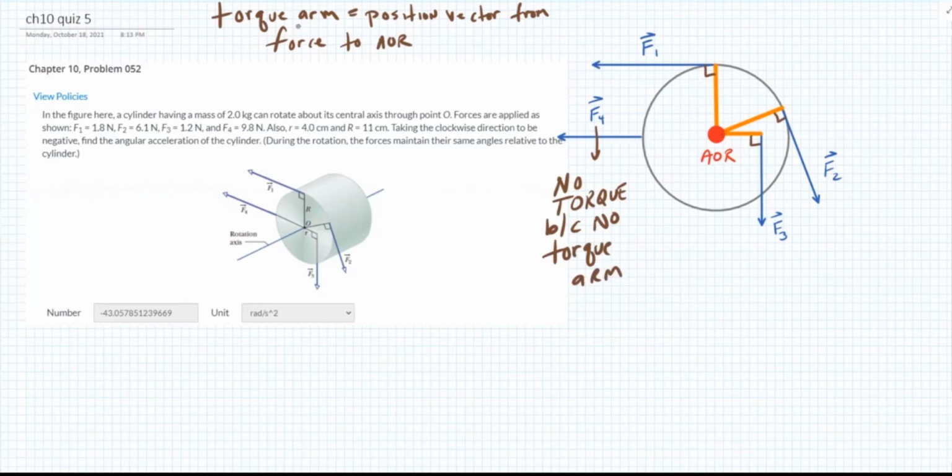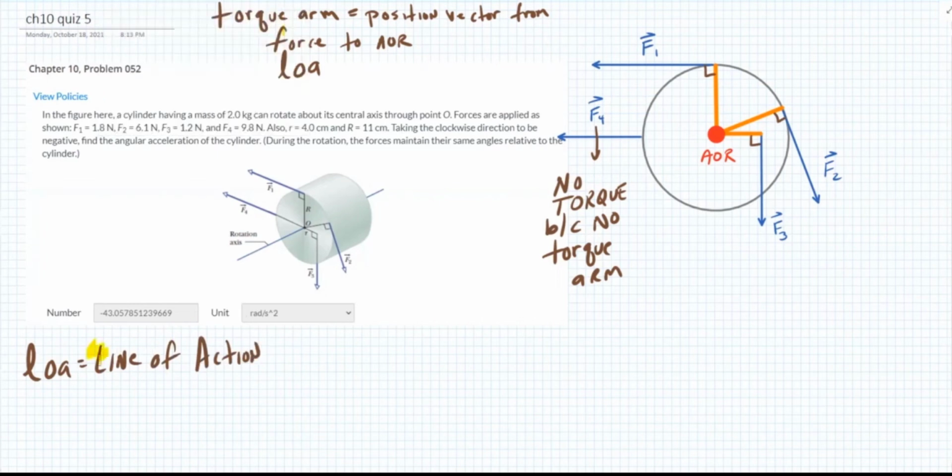And I'm going to do this. Torque arm is the position vector from the force line of action, LOA, to the AOR. LOA stands for line of action. You'll hear this term a ton of times, just like you hear the term AOR.